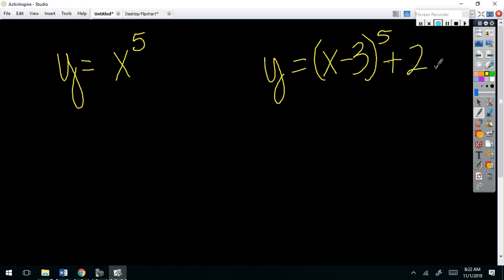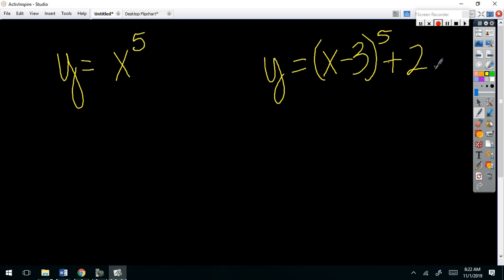I got two different equations here. The first one is standard form. It's just a single term. The second one is in a little bit different form, right? I want you to graph them on the same graph, and we're going to talk about what we see.